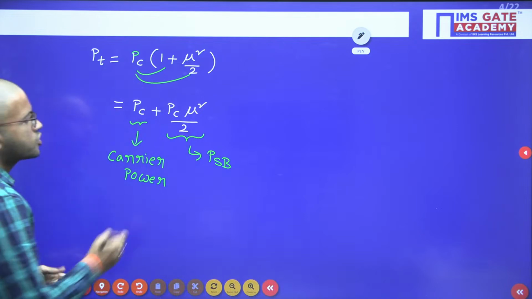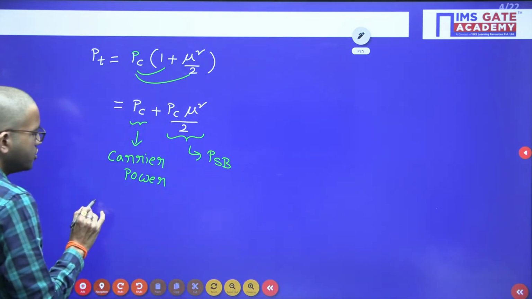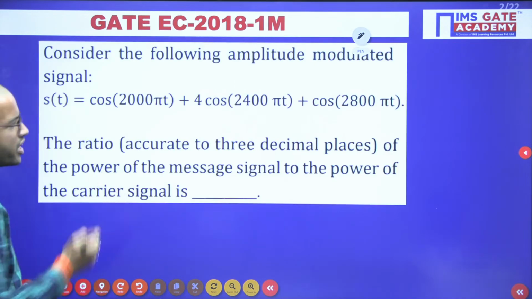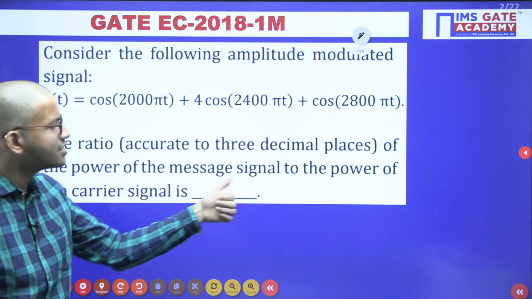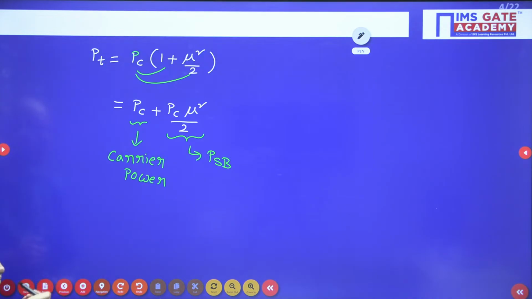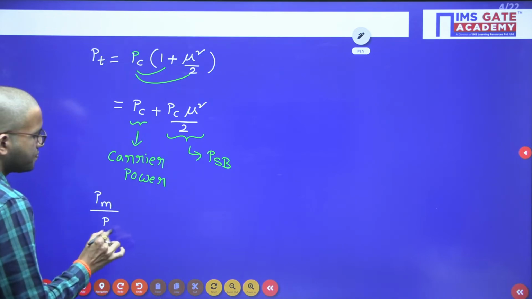So according to the given question, we have to calculate the ratio of the power of the message signal to the power of the carrier signal.